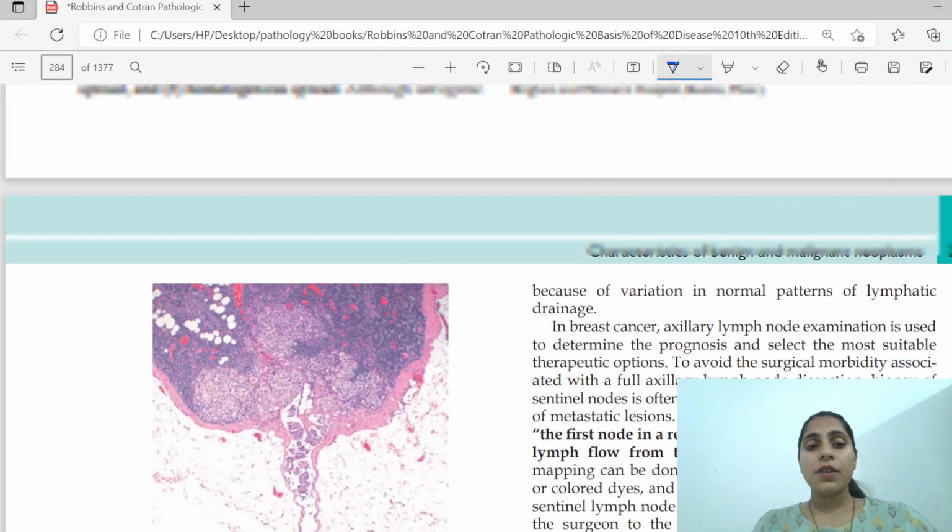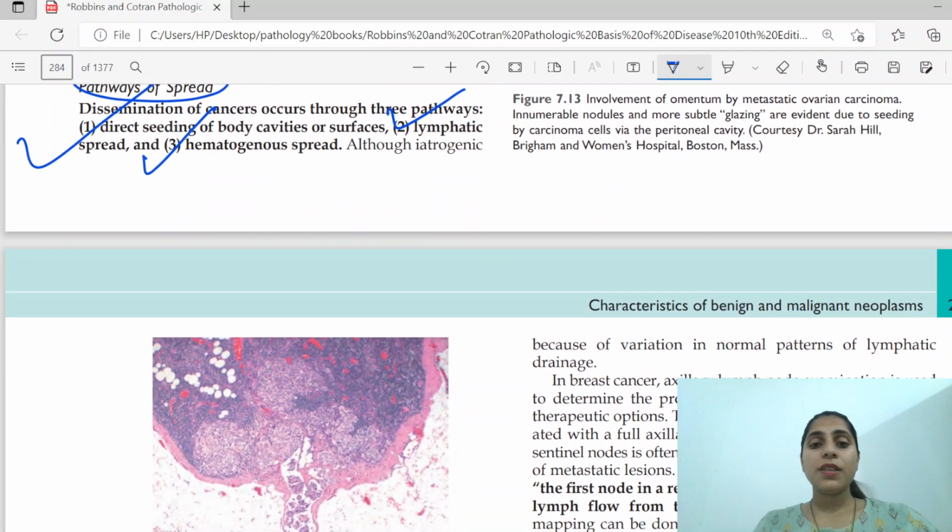So we have studied that lymphatic spread is the most common mode in the carcinomas, whereas hematological spread is more common in the sarcomas, but these are not very fixed things. The hematological spread can also occur in carcinomas, whereas lymphatic spread can also occur in sarcomas.